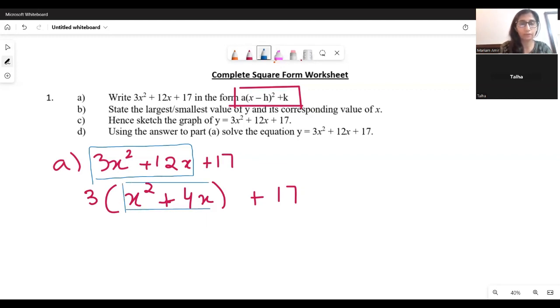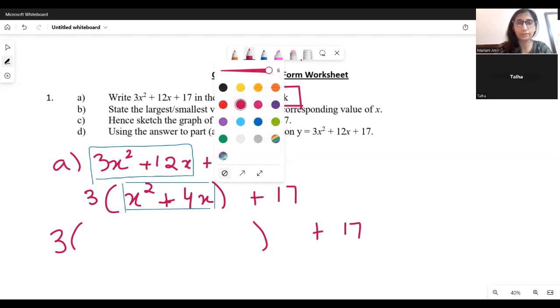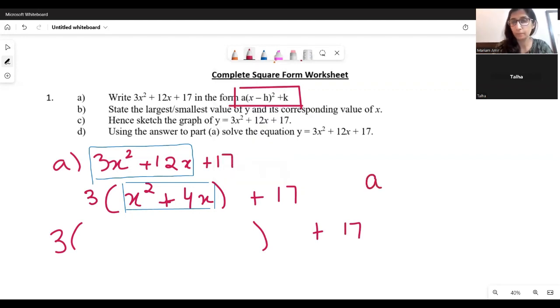Yep. What do we have here? We have, let's write 3 and then brackets and plus 17. So I'm going to write this as, remember this formula from O levels, a square plus 2ab plus b square. This is equals to a plus b whole square.